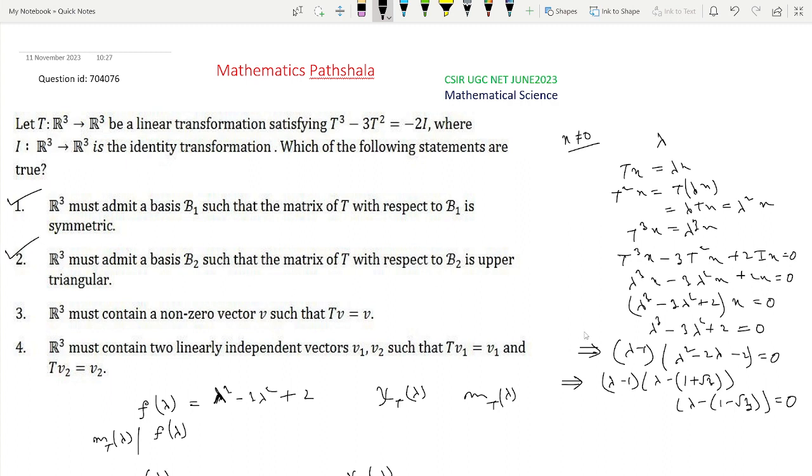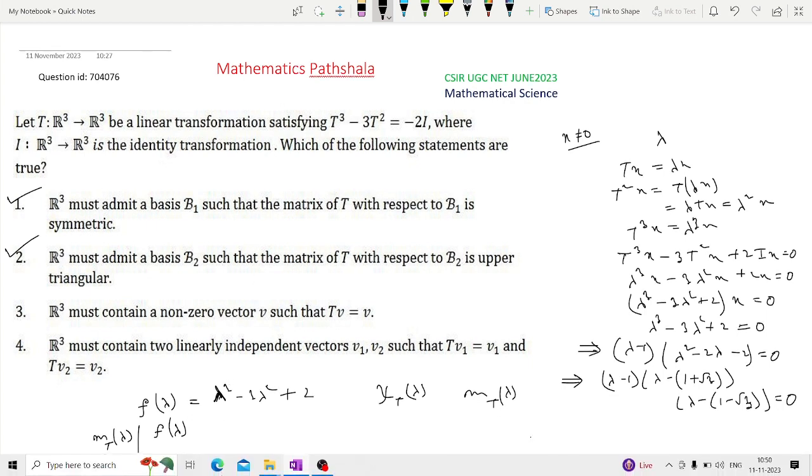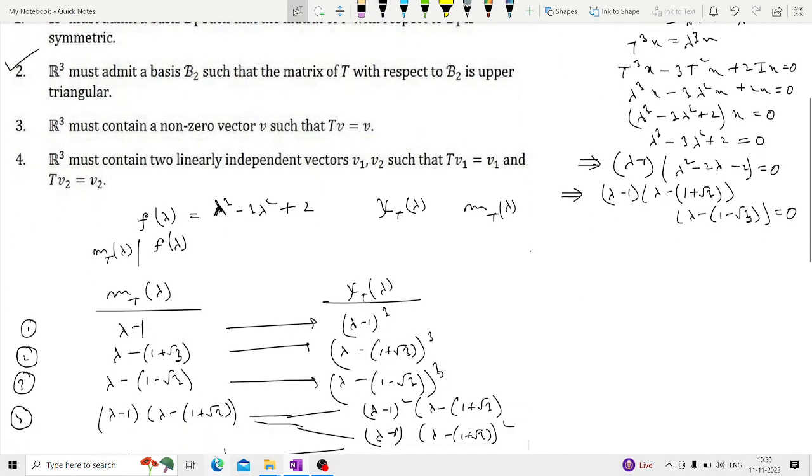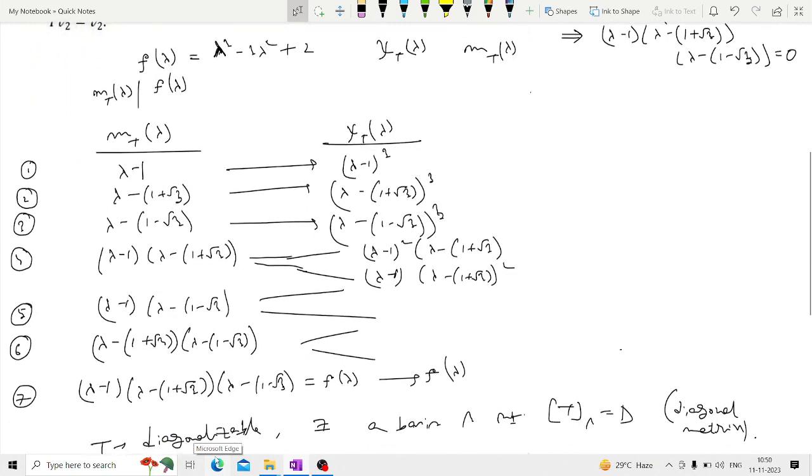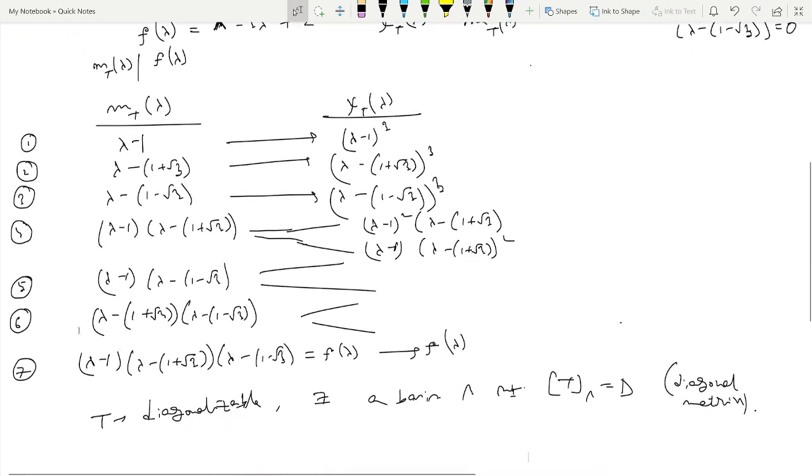Now look at option 3 and option 4. See, we have written all the possibilities for the minimal polynomial and chi_T(lambda). So if we look at case 6, if the minimal polynomial is this, so 1 is not an eigenvalue of T, so in chi_T(lambda) 1 also will not appear.